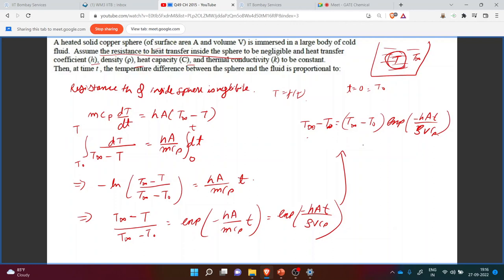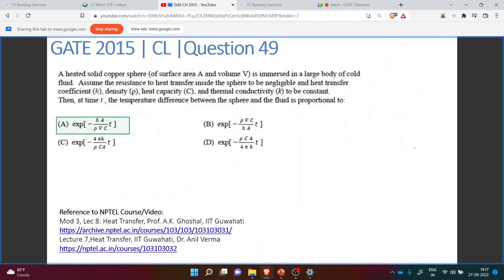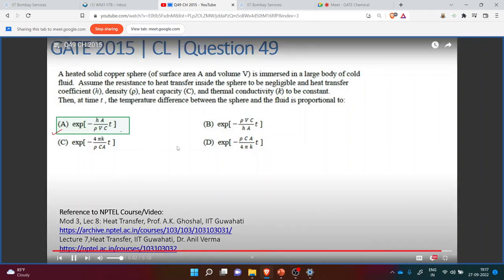The temperature difference between the air and the fluid is proportional to the exponential of minus hAt upon rho VC. So from the given options, we can see that option A is correct. That is, the temperature difference will be proportional to exponential of minus hAt upon rho VC. We will select option A as the correct one.